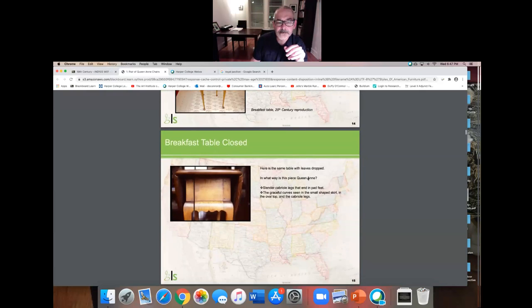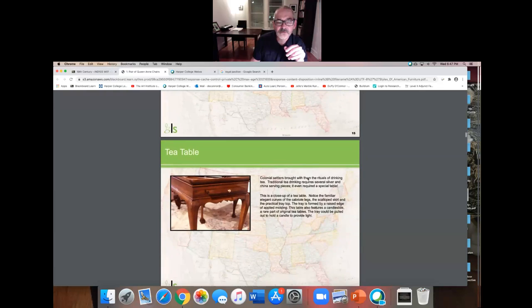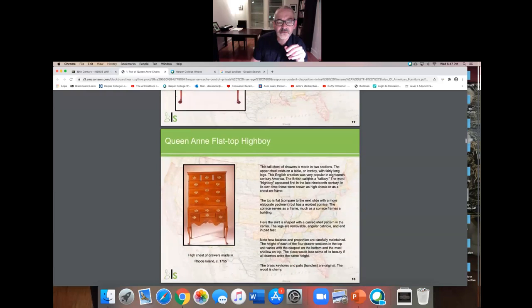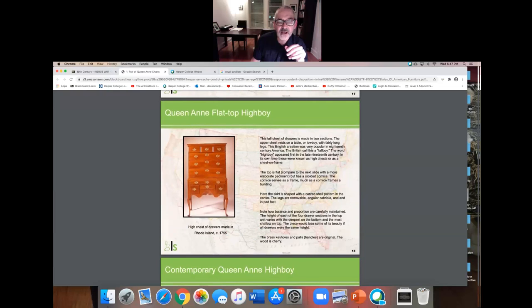I'm going to come to, I want to get to here, the flat top highboy. So this tall cabinet, also known as a highboy, has some similarities to a simpler English, almost like Chippendale.